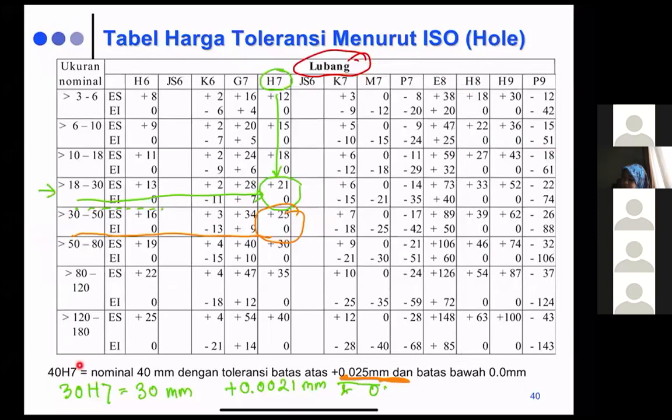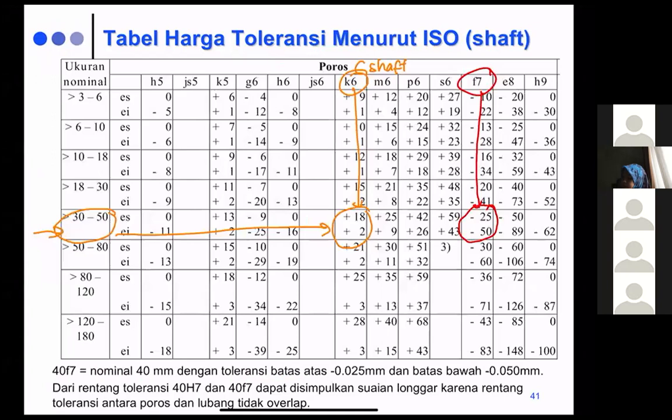The hole is H7, which is plus 0.025, larger for the hole, but the shaft is minus 0.05. So we have around 0.05 of room or clearance between them. So we can write that it is a clearance fit.